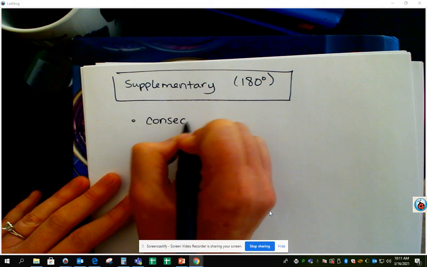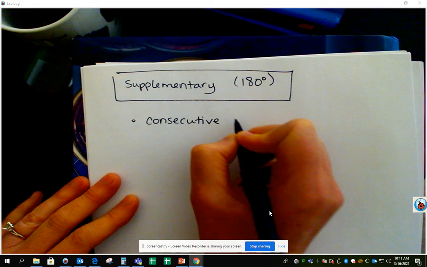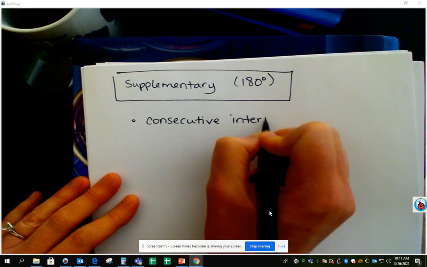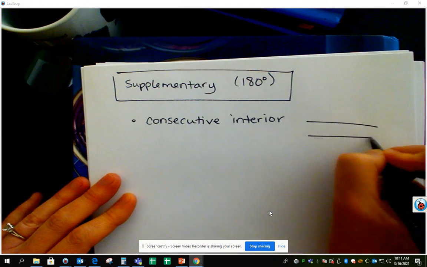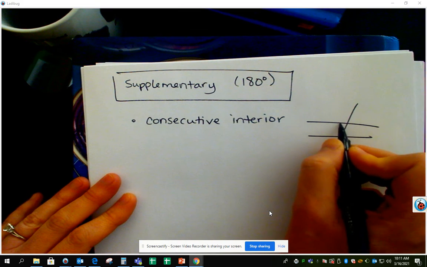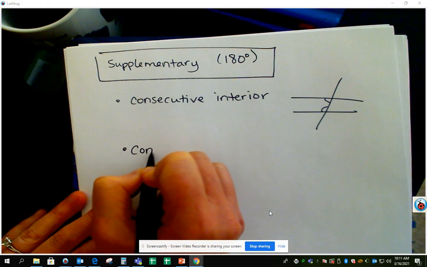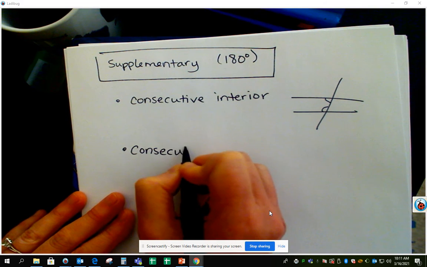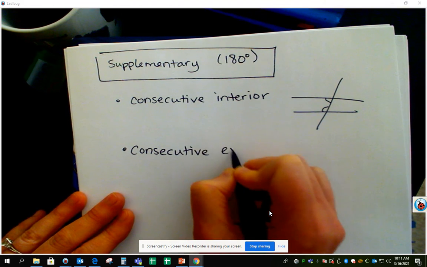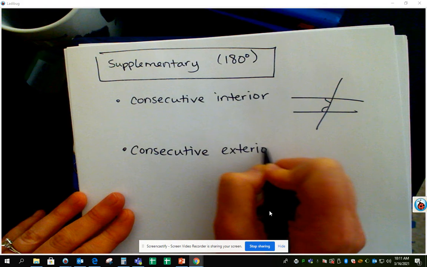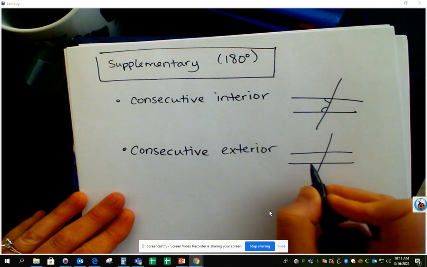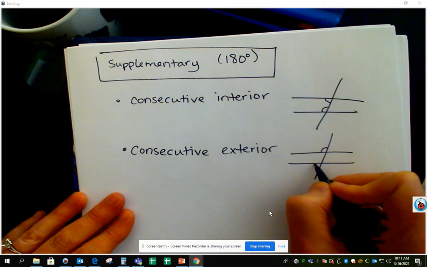Consecutive interior. So remember, that means same side, but inside the parallel lines. So these two guys. And consecutive exterior. Same side, but outside the two lines.